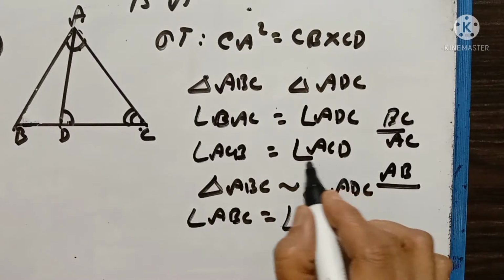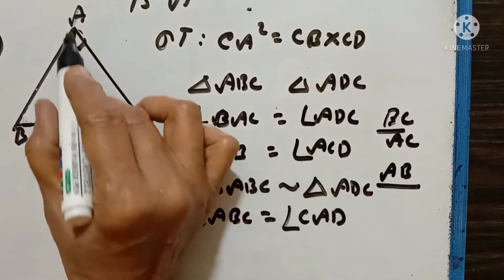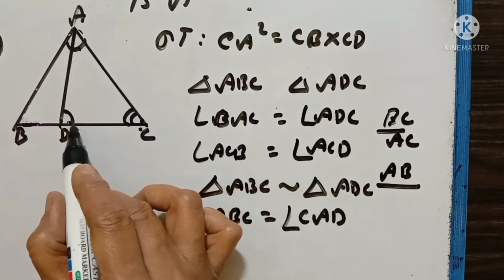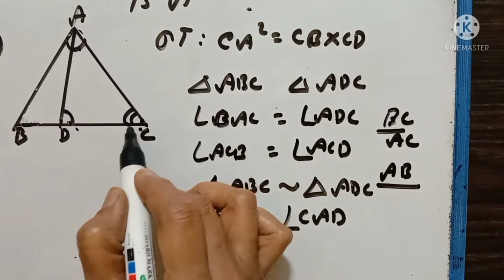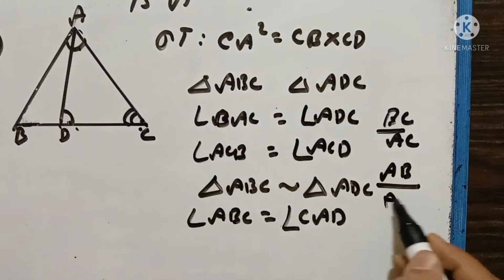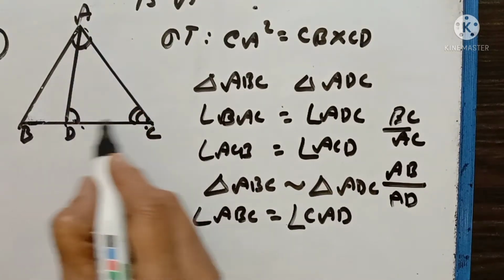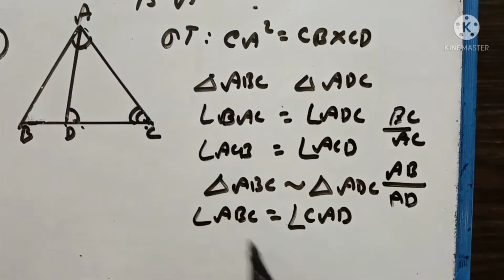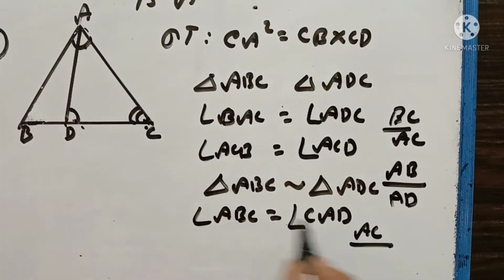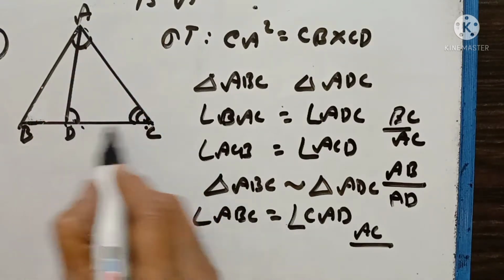The side opposite angle ACD in triangle ADC is AD. The side opposite angle ABC in triangle ABC is AC. The side opposite angle CAD is CD.